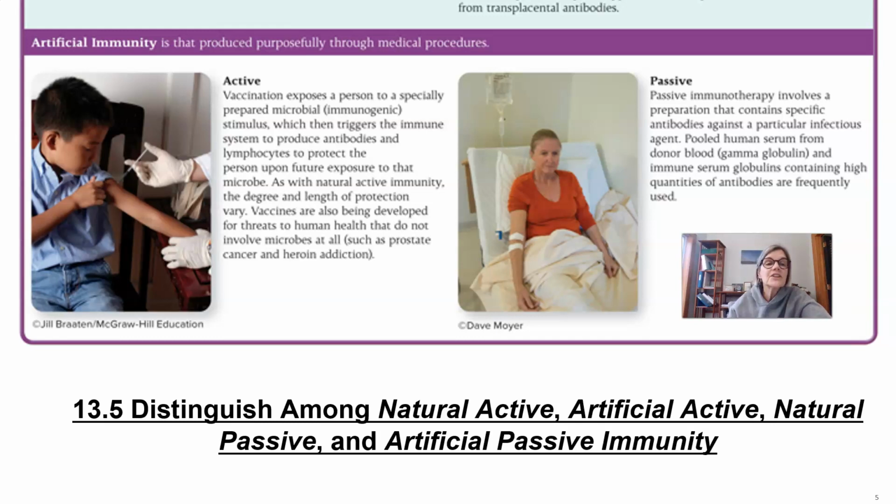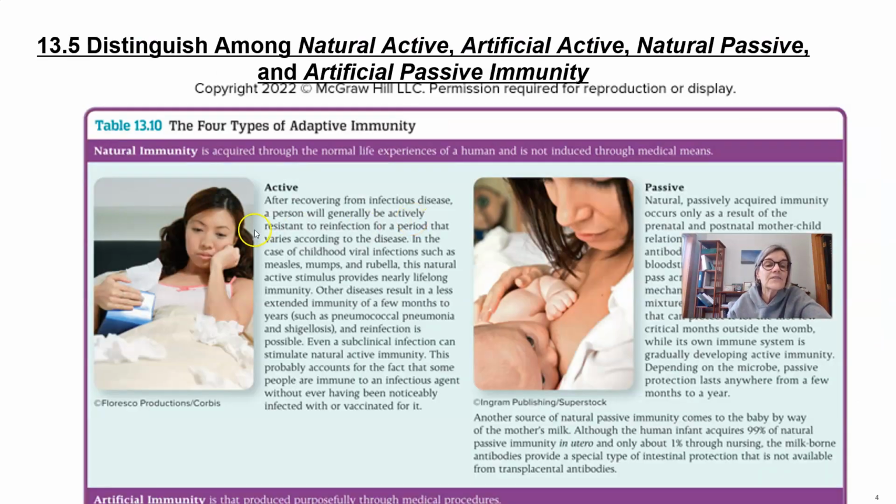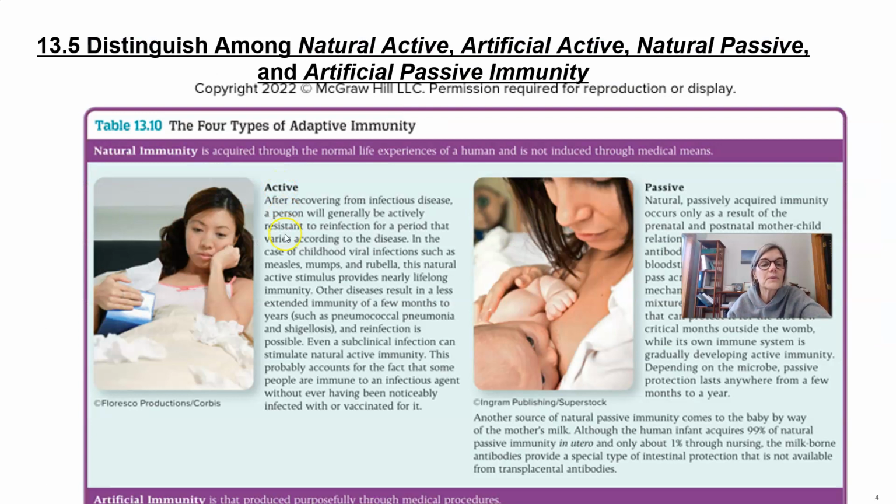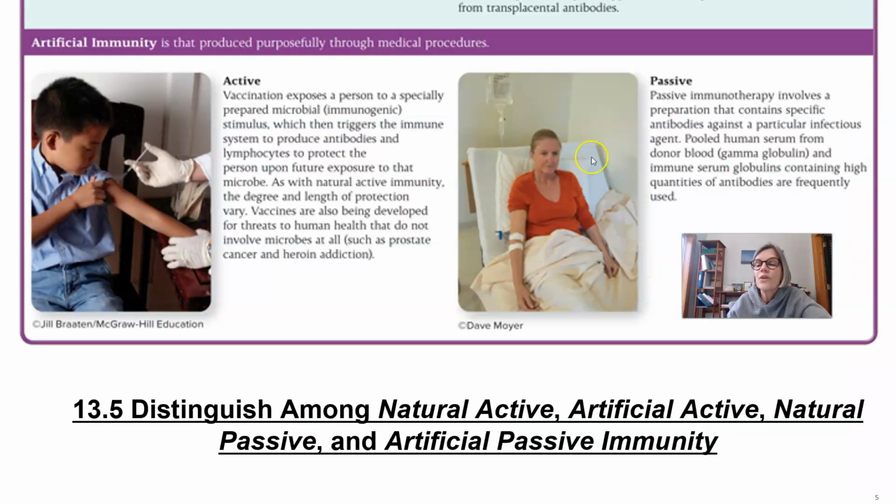So you can imagine that if you have active immunity, it's probably going to last longer because you're making your own antibodies, and you can continue to make those over a period of time. Whereas when you have passive immunity, it only lasts as long as antibodies last, and that can usually be about 2 weeks, since you can't make more of your own antibodies.